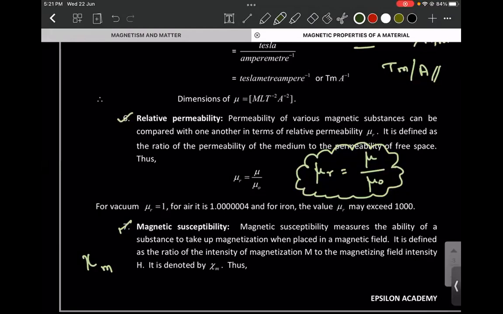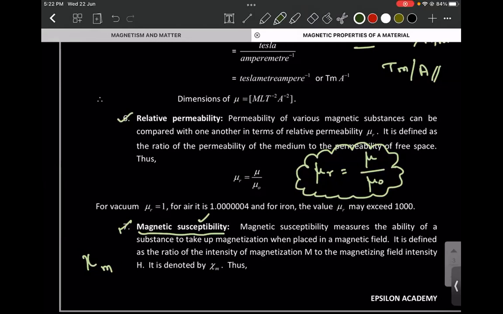Susceptibility means vulnerability, the extent to which a material can get magnetized in the presence of an external magnetic field. Or, more refined: even if I apply a small value of magnetic field, will it respond and get highly magnetized? If something like that happens, then you say that the magnetic susceptibility of that material is high.